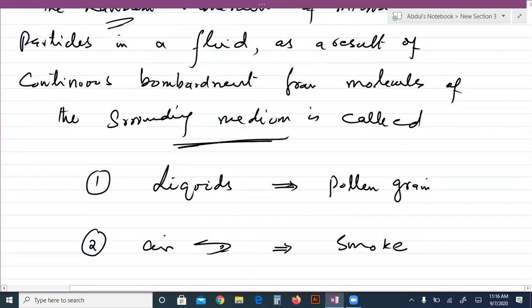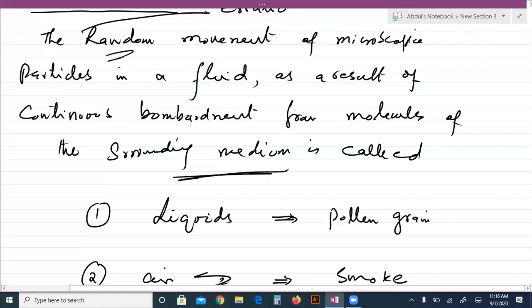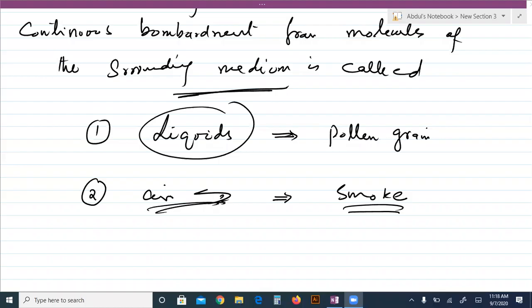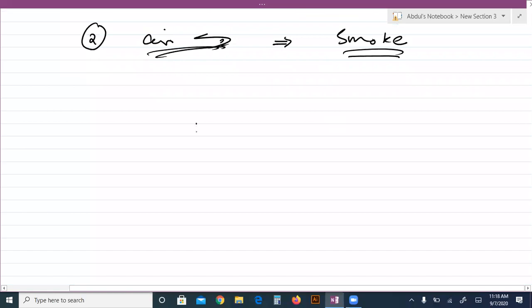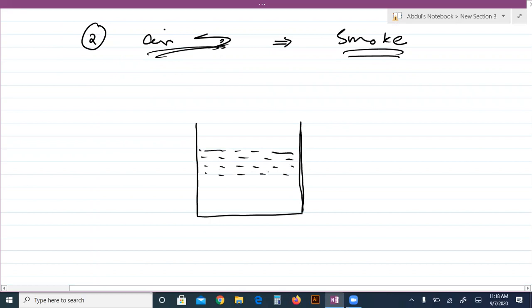So I repeat this. Suppose a beaker contains some liquid. This is, suppose, water. And pollen grain is added in the beaker, in the water.